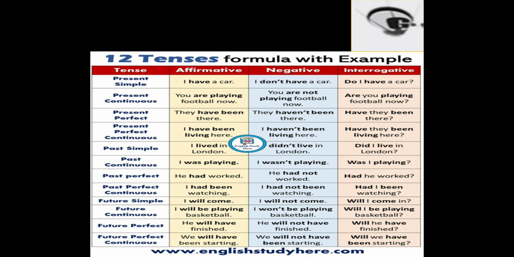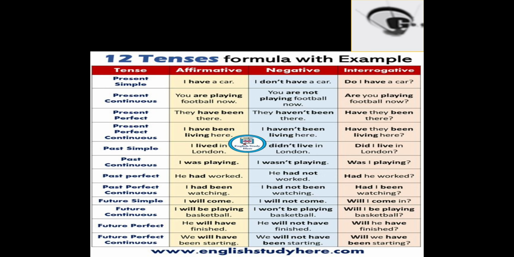Future tense, simple future, I will come, which changes to I will not come, and will I come. Future continuous, I will be playing basketball, which changes to I won't be playing basketball, and will I be playing basketball.